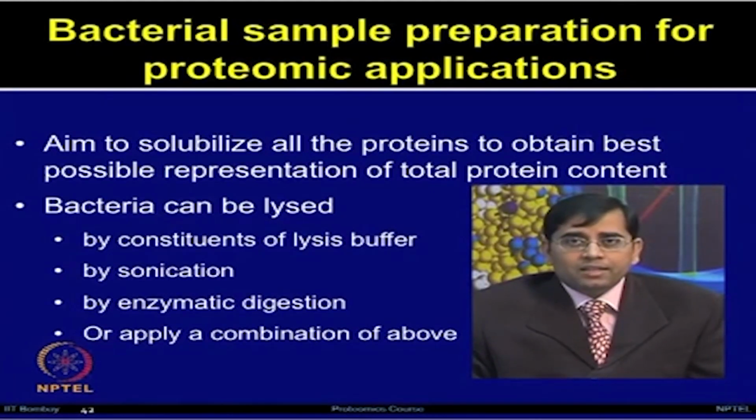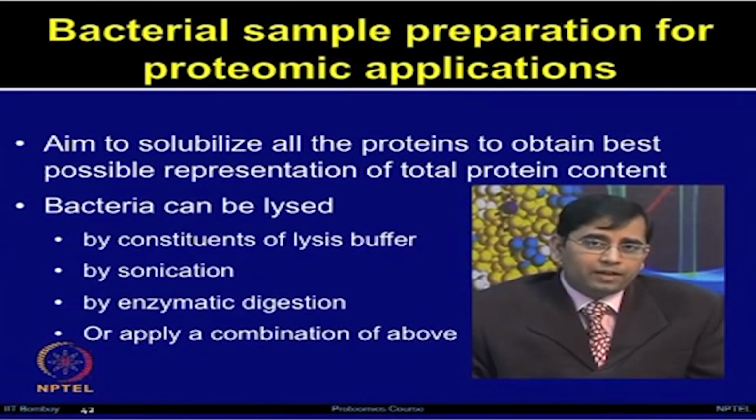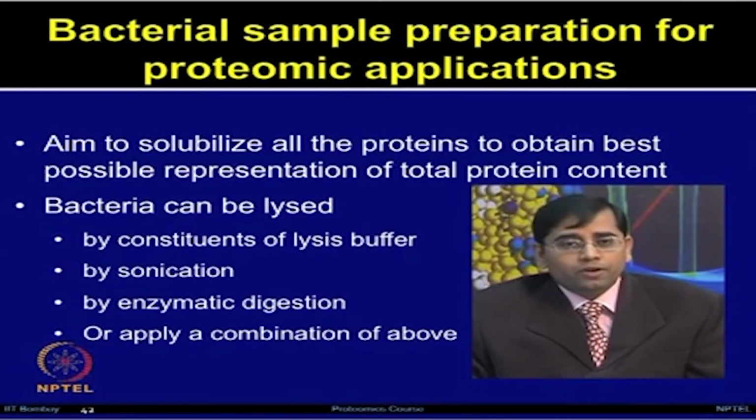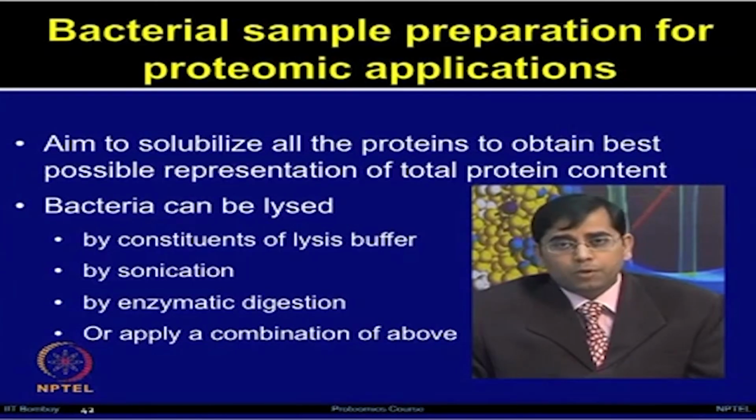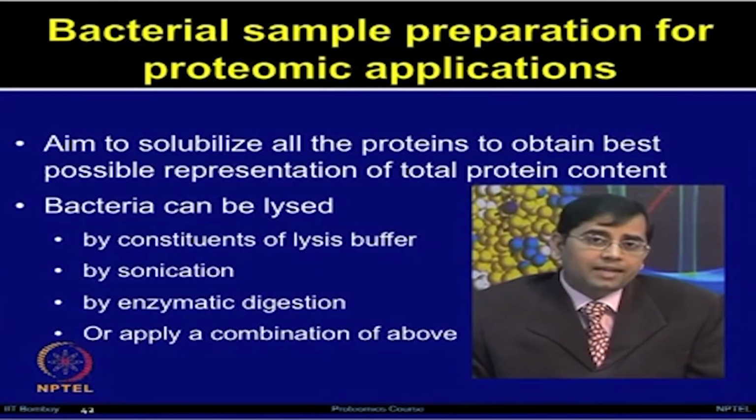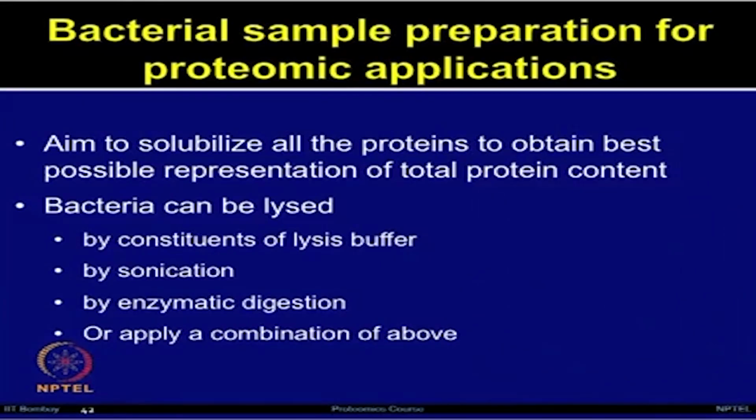Now, bacterial lysis is often very challenging for different types of bacteria, but people have tried different lysis methods, such as constituents of lysis buffer. Sonication is very efficient. People have also used enzymatic digestion methods, as well as sometimes a combination of these methods for bacterial lysis.